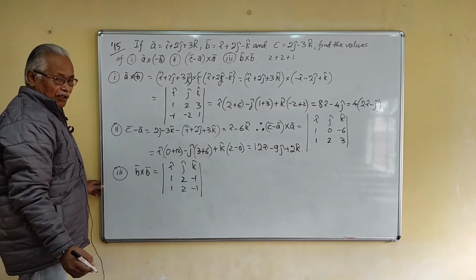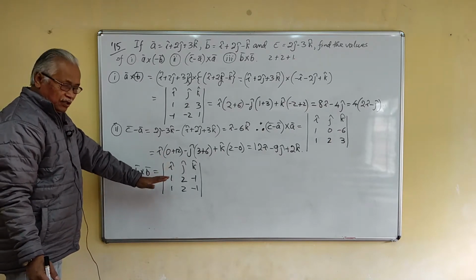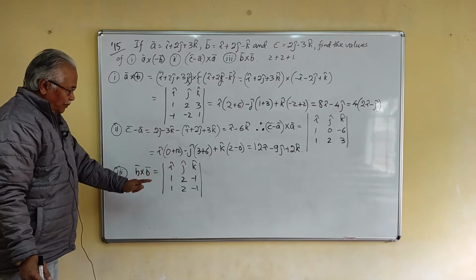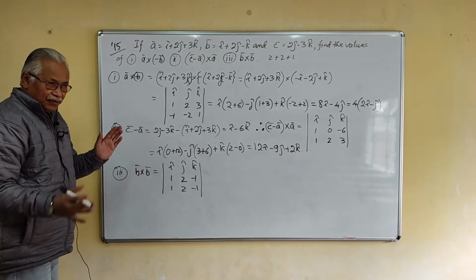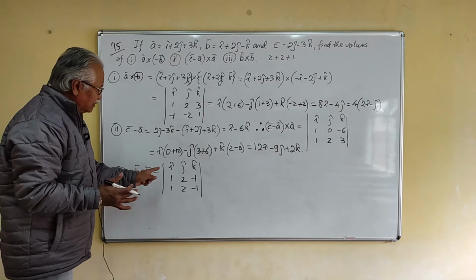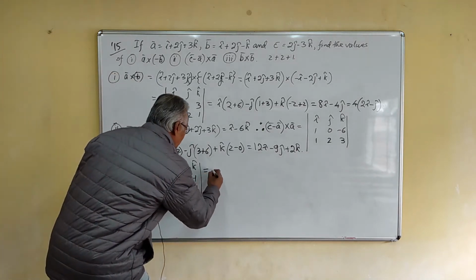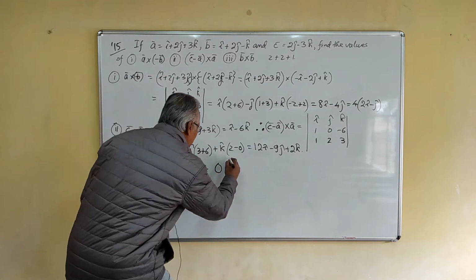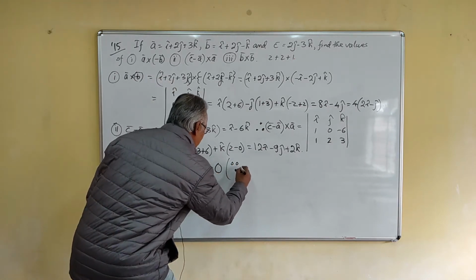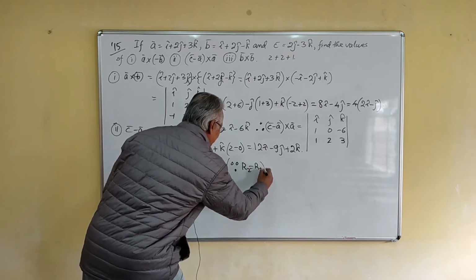Now that gives you what? You try to recall the property of determinant. The property of determinant tells you that if any 2 rows or 2 columns are identical, then the determinant vanishes. So this will be equal to 0, since you can give the reason, since R2 is equal to R3.